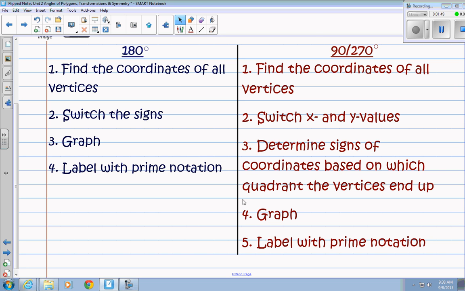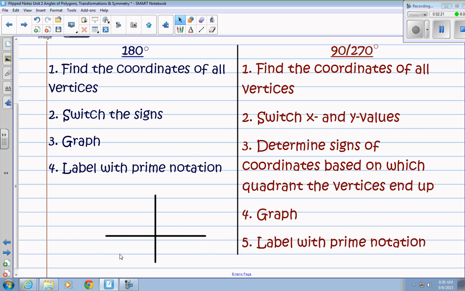So for example, if we're in quadrant 1, where the x and y values are all positive, and we rotate it 90 degrees clockwise, we would end up in quadrant 4. In quadrant 4, the x's are all positive, but the y's are all negative. So any x values we're going to make positive, and any y values we would make negative if they were to end up in quadrant 4.